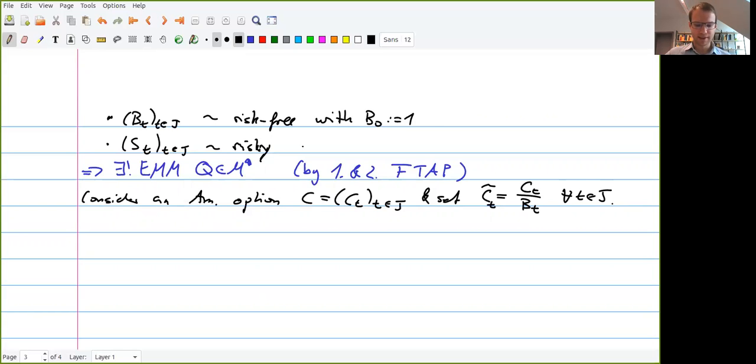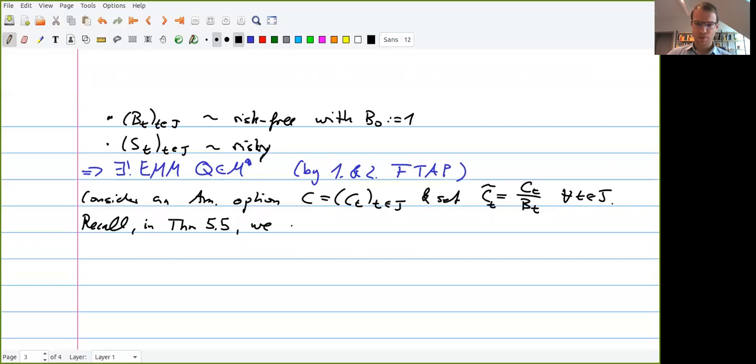And I already made a claim. We haven't proven it. So recall, this is actually the first theorem of this section, 5.5.